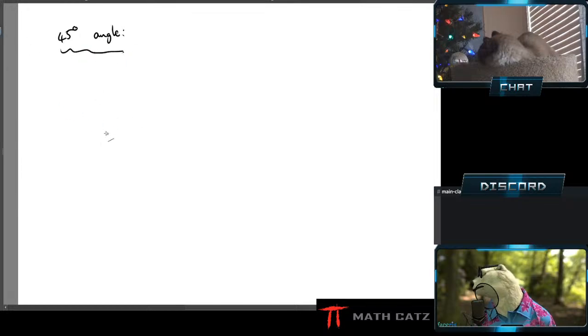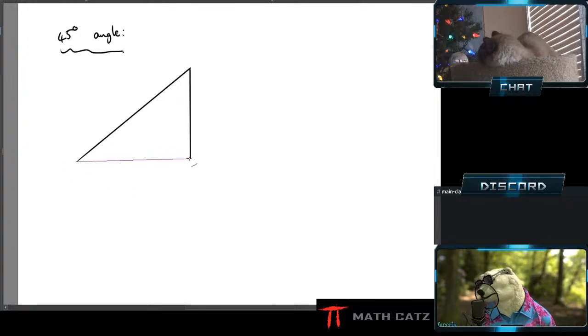What I'm going to do is draw an isosceles triangle, which everyone, of course, knows what that word means, right? It's going to be a right angle triangle where the perpendicular sides both have length 1. In a right angle triangle I can't get the third side to be the same length, and I don't want to either.